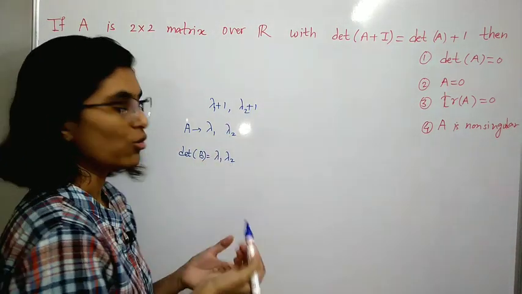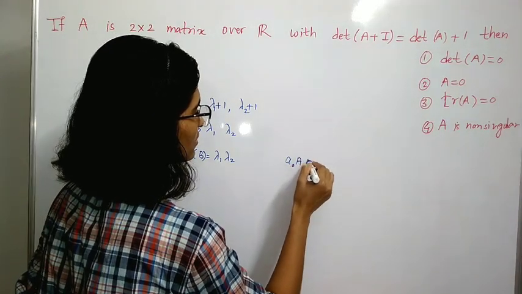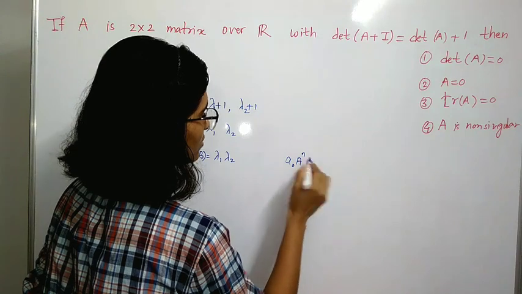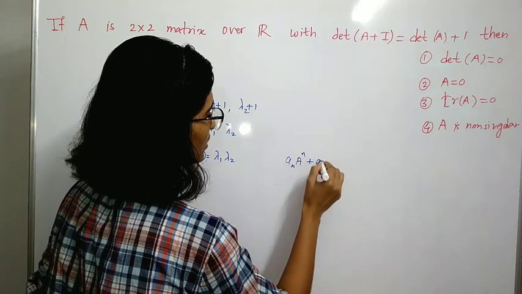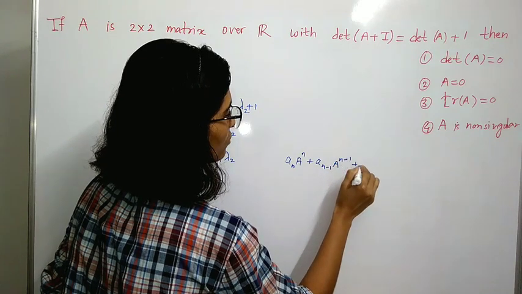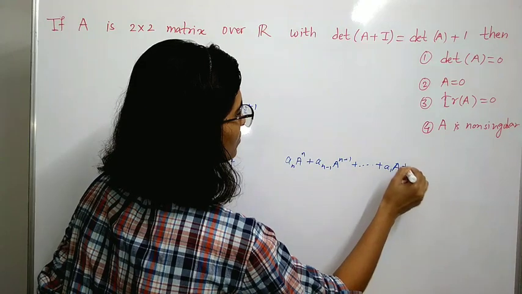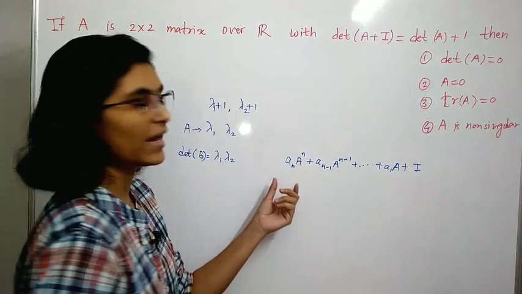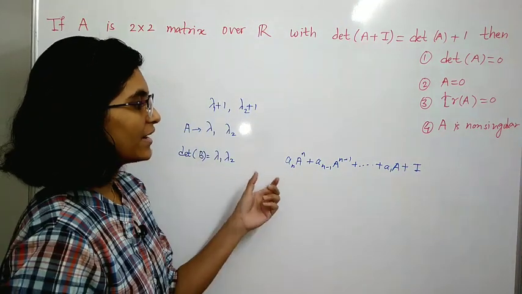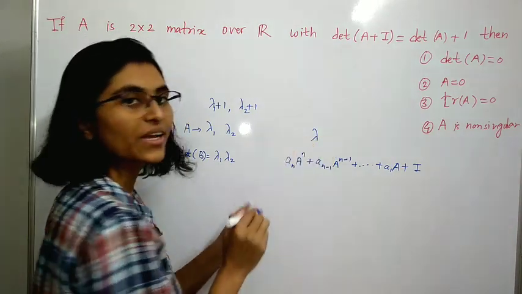Suppose we have a polynomial in A, say a_n A raised to n plus a_(n-1) A raised to n minus 1, and so on, plus a_1 A plus I, and suppose lambda is an eigenvalue of the matrix A.